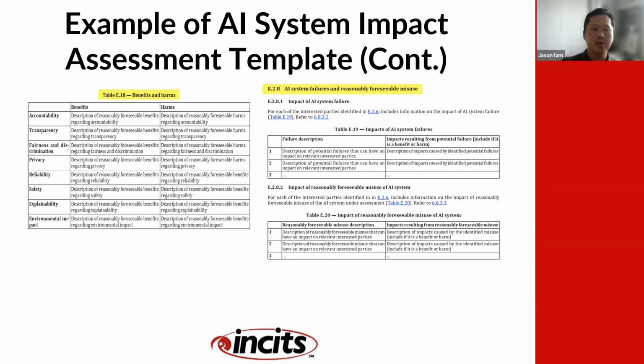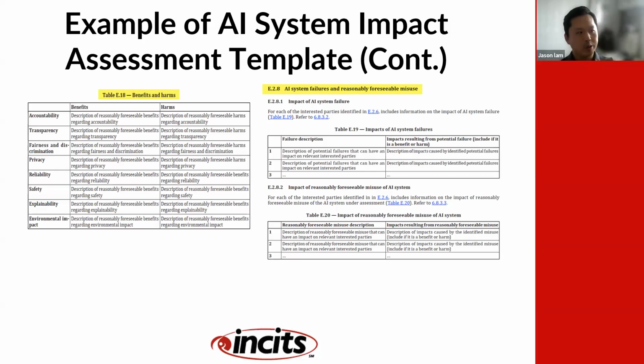And lastly, more importantly, once we've been able to go through and identify those relevant interested parties, these next couple examples show the benefits and impacts to those groups related to those specific AI systems, and how those benefits and harms could be analyzed based on the identified interested parties as it relates to the various following objectives, such as accountability, fairness, reliability, and safety.